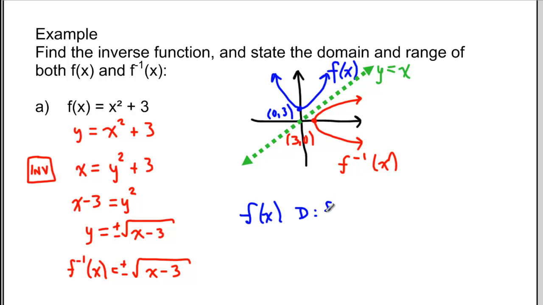So my domain, or the possible x values, could be anything in the real number system. Whereas my range, which is the possible y values, well, 3 is the lowest it can be, so anything 3 or above. So I'm going to start by saying that all the y values are members of the real number system, but y also has to be greater than or equal to 3.